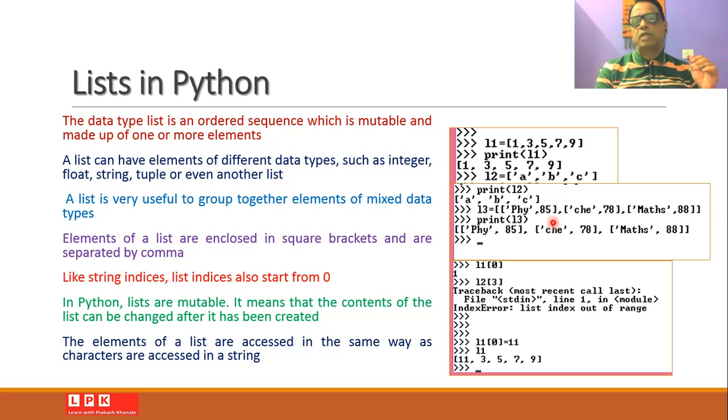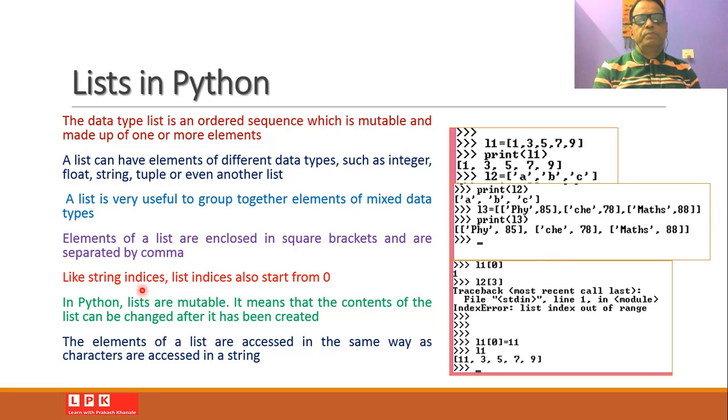I can have another list L3, where the L3 list itself will consist of different lists, where every list will consist of a string such as physics and marks such as 85, chemistry 78, maths 88. And when I give the command print L3, then the content of L3 will be displayed on the screen. So it is possible that a list can contain elements belonging to different data types.